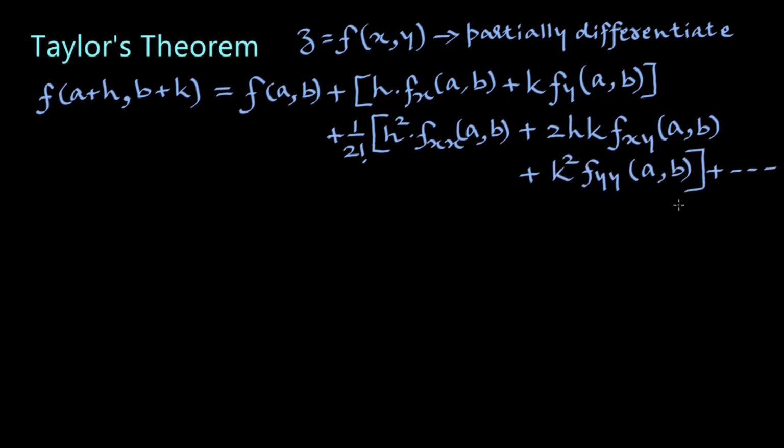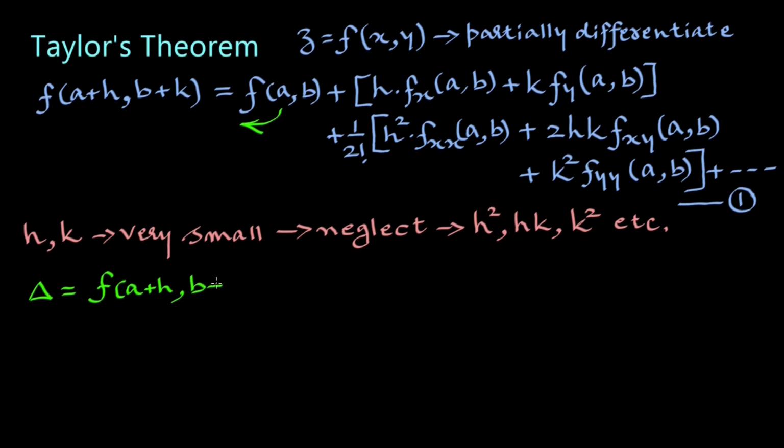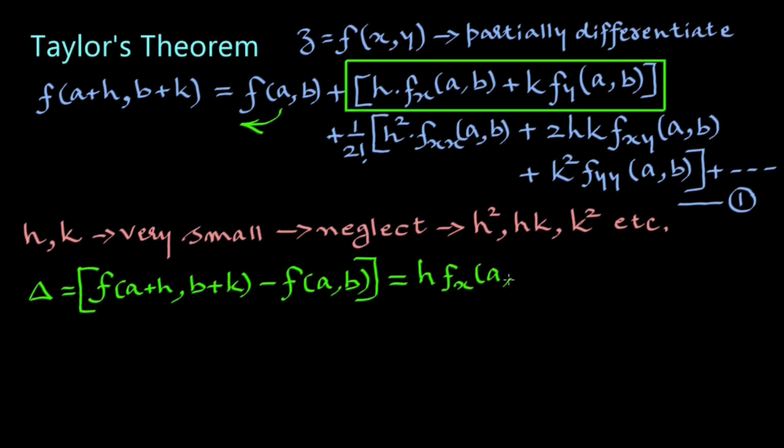We name this 1. Now since h and k are very small, we can neglect higher order terms h square, hk, k square etc. and write delta, which can be obtained by taking this f(a,b) to the left hand side. So here it will be f(a+h,b+k) minus f(a,b), which will be this part, h fx(a,b) plus k fy(a,b).